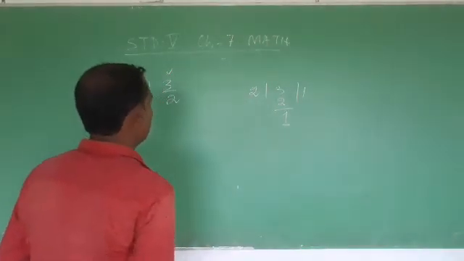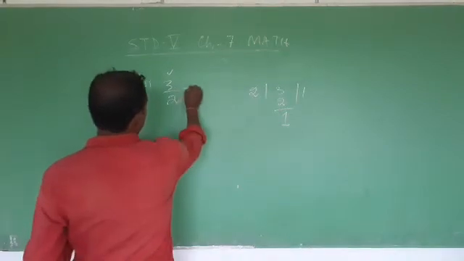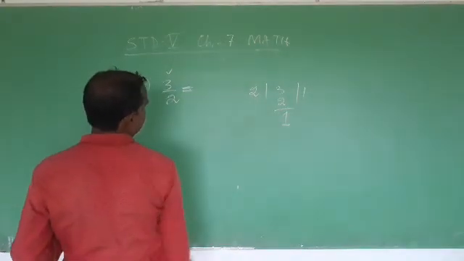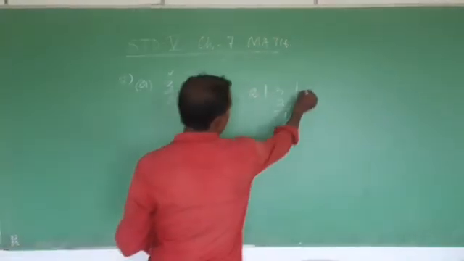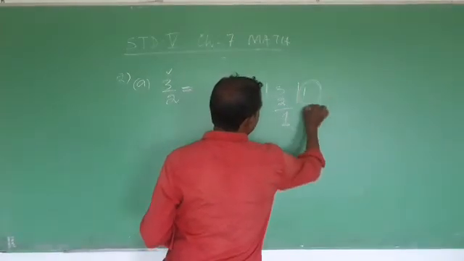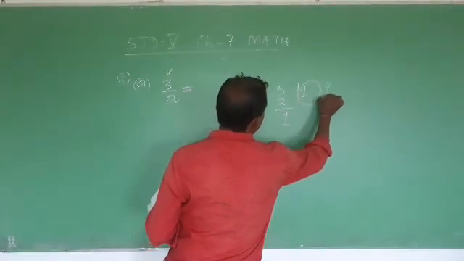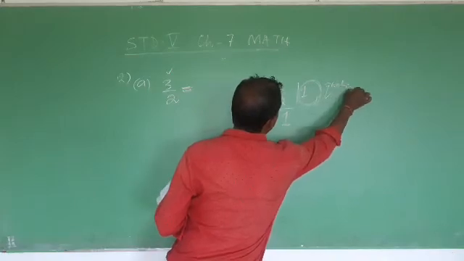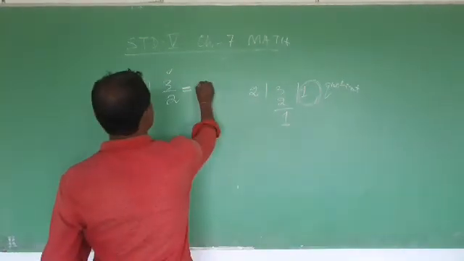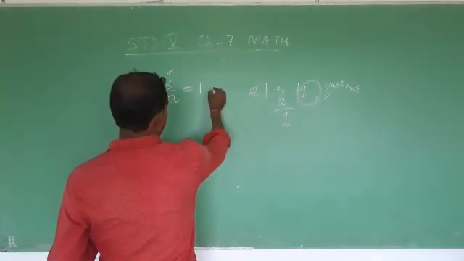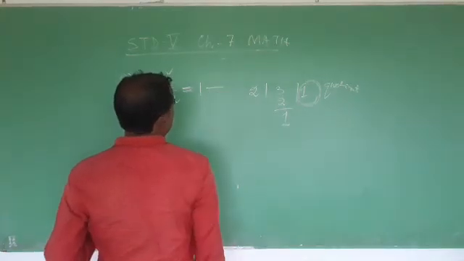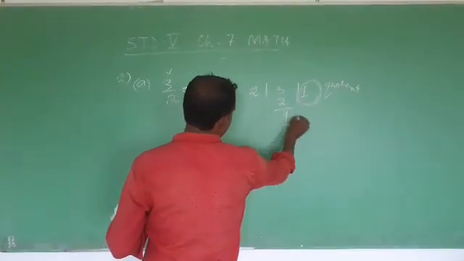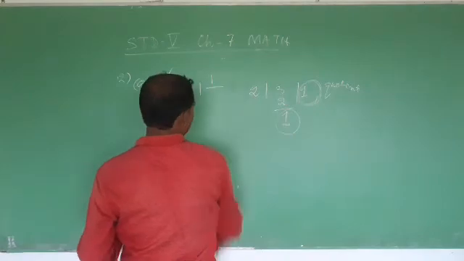Okay. Now how will you write it as a mixed fraction? First you write the quotient part. This part is the quotient part. Okay. 1. This is the quotient part, and it is the whole part. So first you write the quotient, that is the whole part. Now you write the remainder part, that is what? 1.